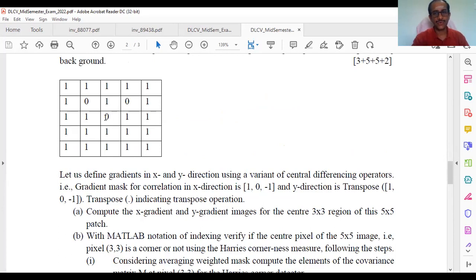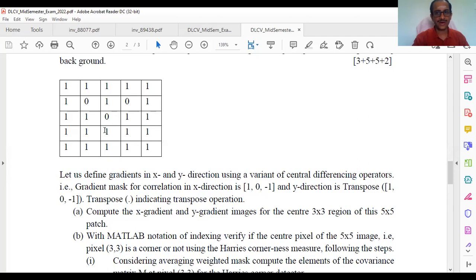Some of you found this task not very clear and did it in different ways. What you need to do is first form Ix square, Iy square, Ix Iy, then apply the average weighted mask.